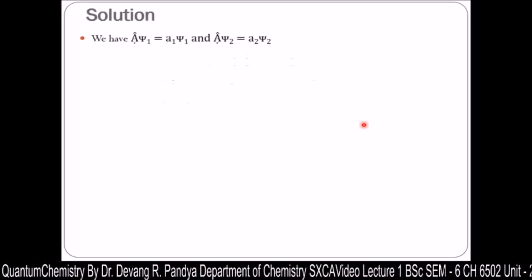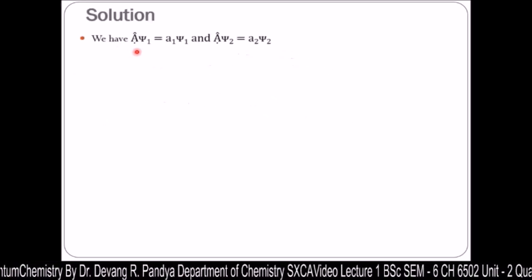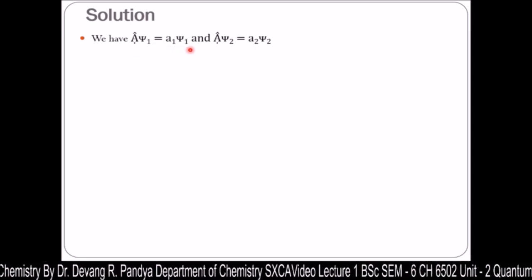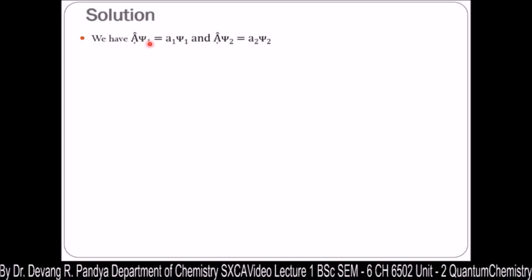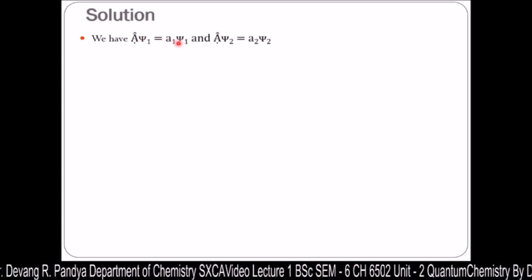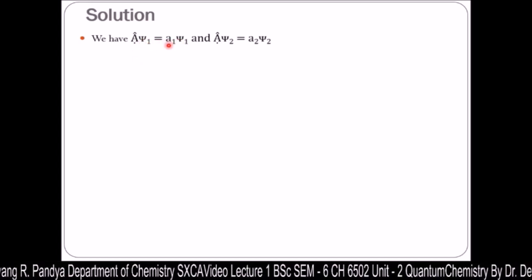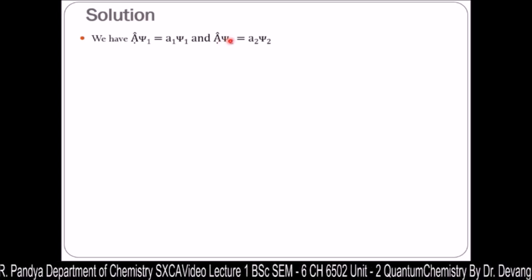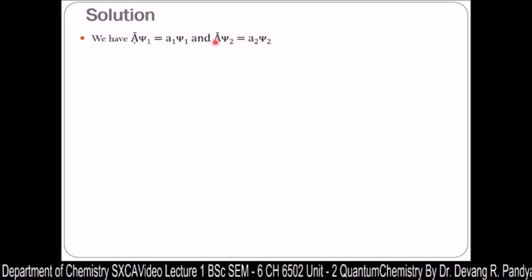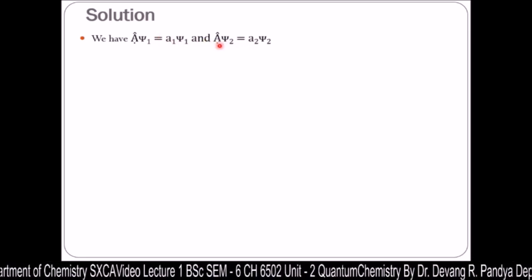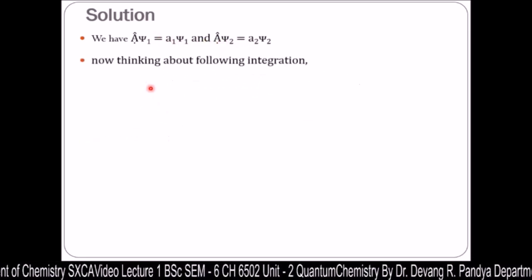This is the solution. We have A psi 1 is equal to A1 psi 1 and A psi 2 is equal to A2 psi 2. So the operator operating on psi 1 gives the psi 1 wave function with constant value A1, and when the operator operates on psi 2 it gives psi 2 with constant A2. That means this is the eigenfunction eigenvalue kind of relation.